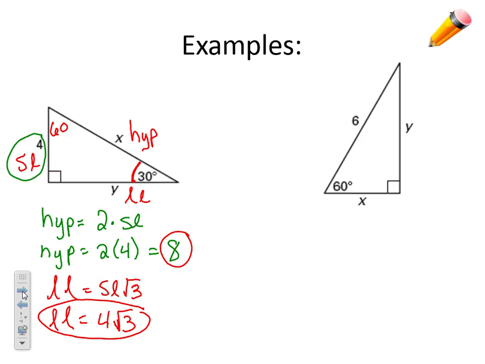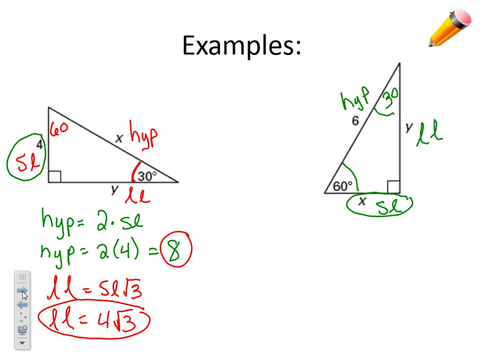Now if we look over here at example 2, this one's 60, so this one's 30. Label everything. This is my long leg, this is my short leg, and this is my hypotenuse. So when I'm going about solving this one, I need to remember, if I don't know my short leg, that's the first thing I need to find.